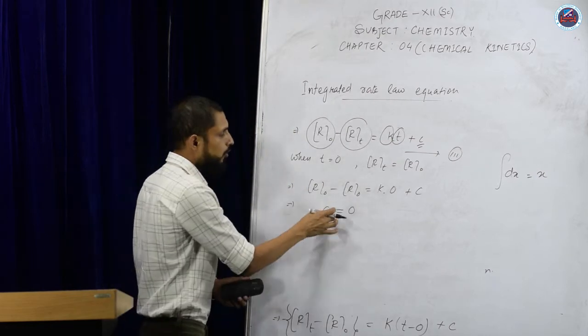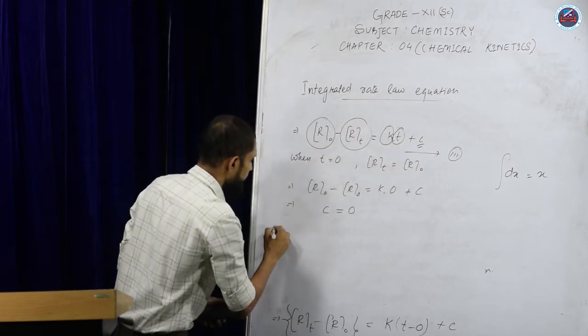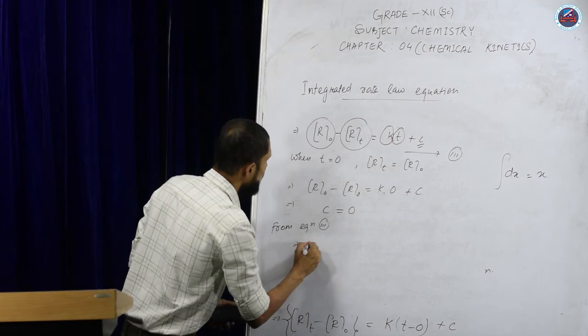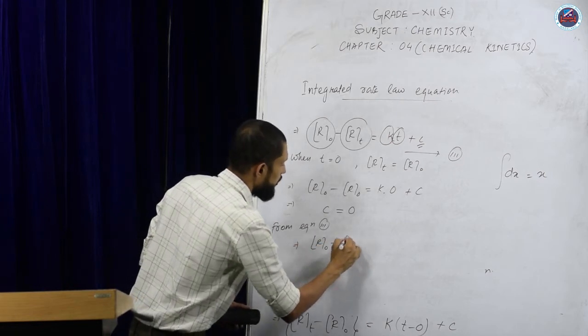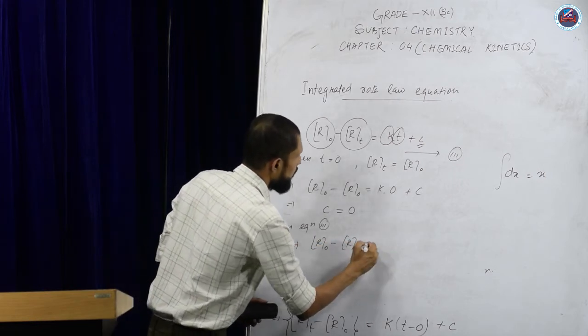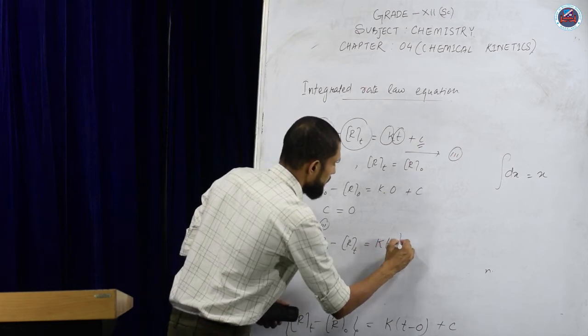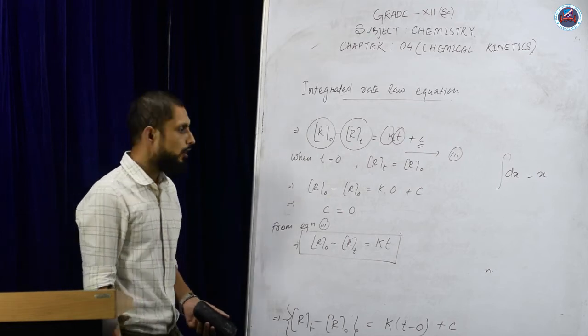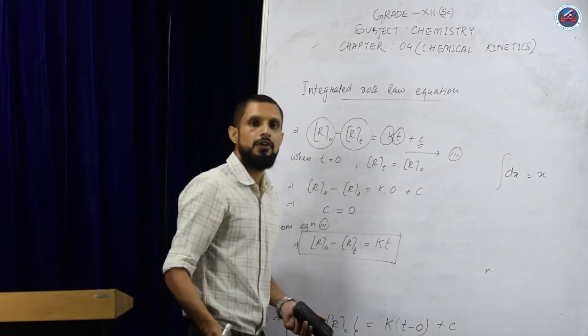So we'll put C equal to 0 in equation 3. So from equation 3 we get R0 minus RT is equal to KT. So this is the integrated rate equation for zero order reaction.